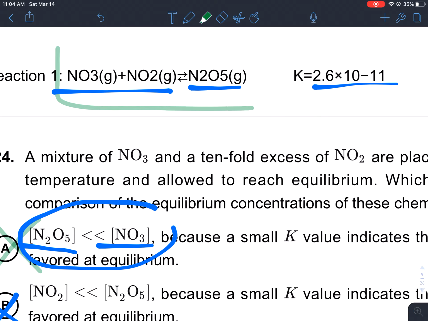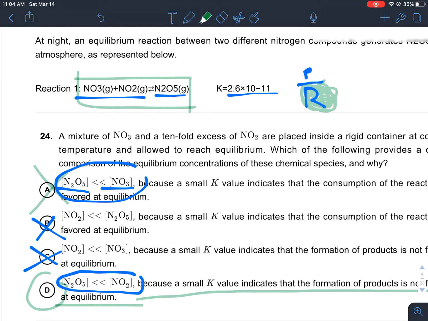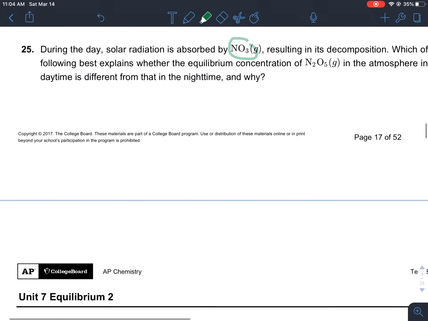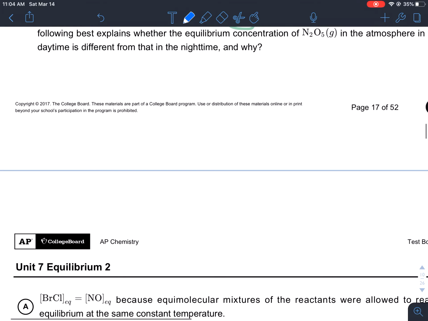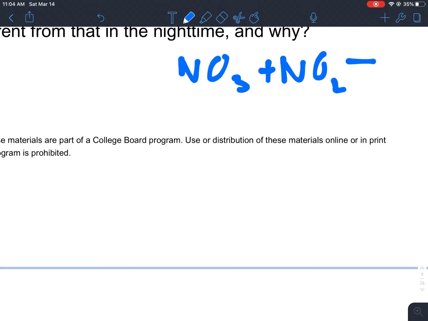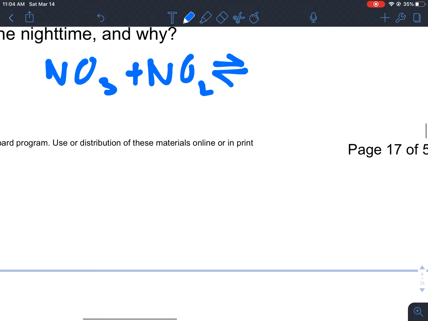They're still going back to this reaction. So during the day, let me just write that reaction out because it'll make it easier to view. We still have this NO3 plus NO2 yielding N2O5.